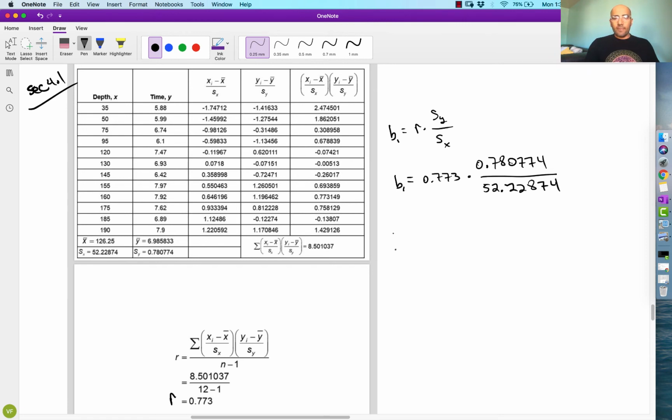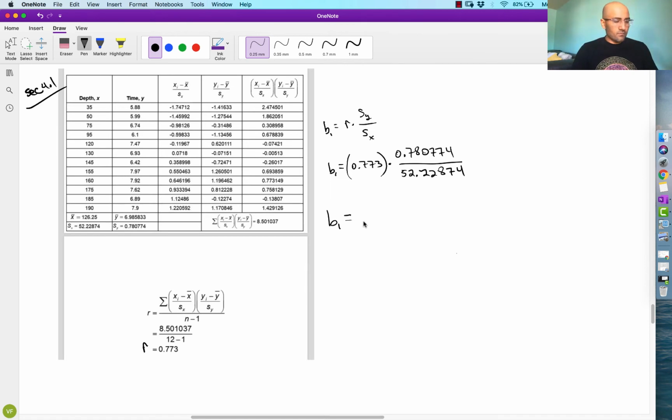So B sub 1 is going to be equal to 0.011, and then several fives. Let's go out to 5, 6, approximately.